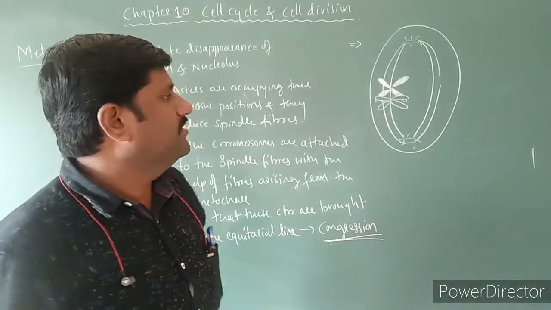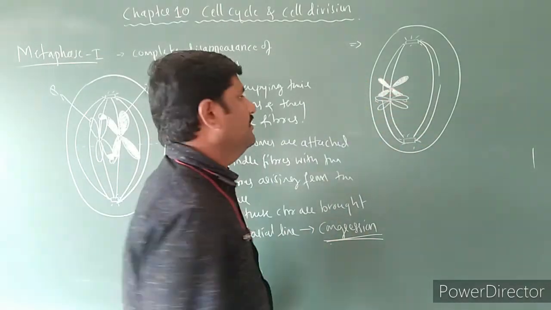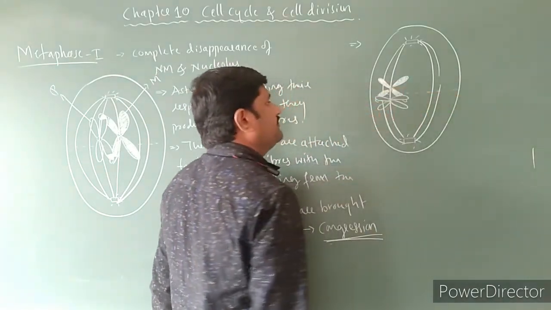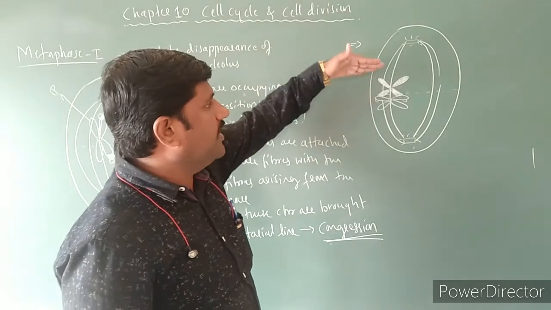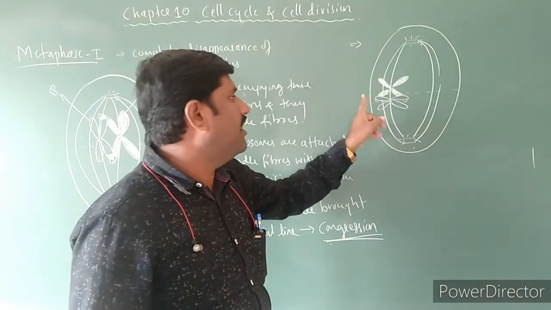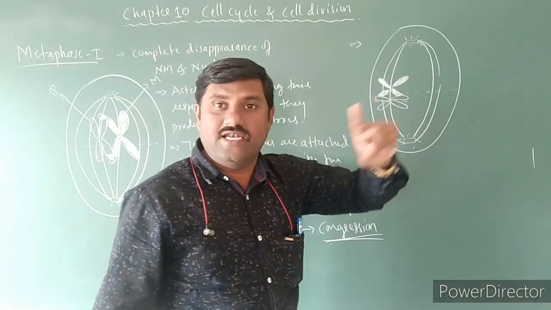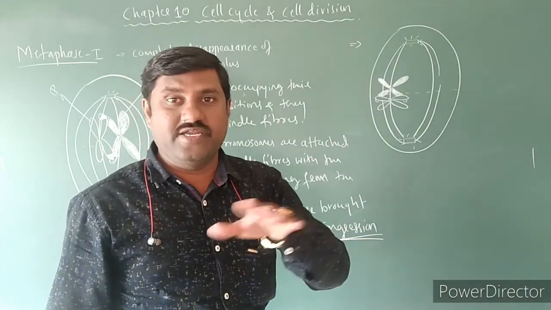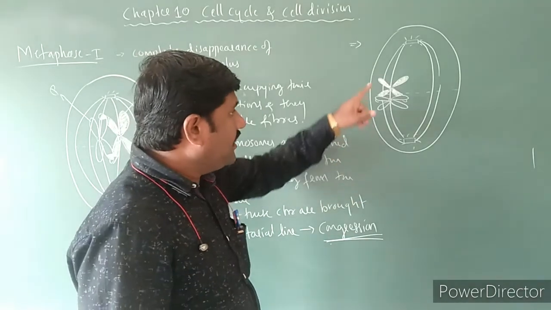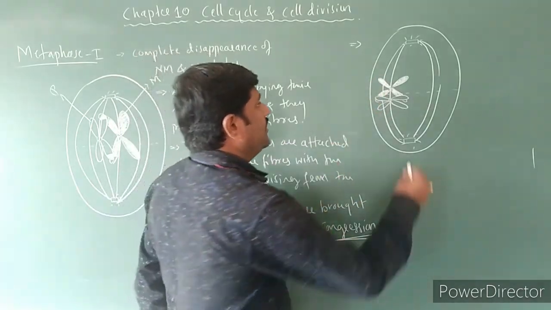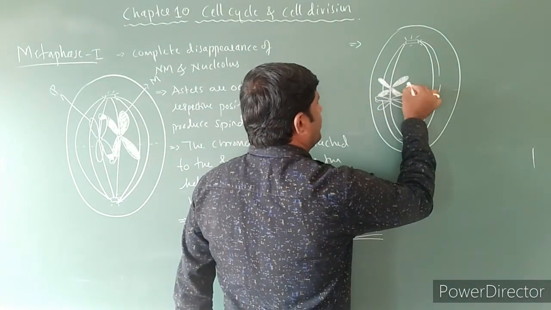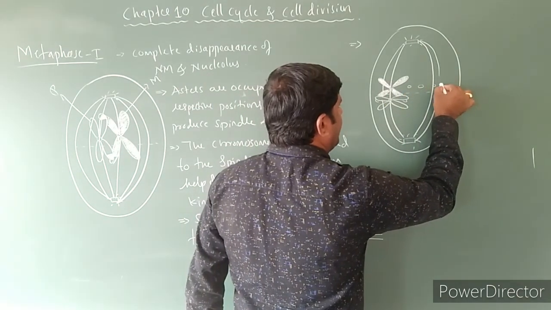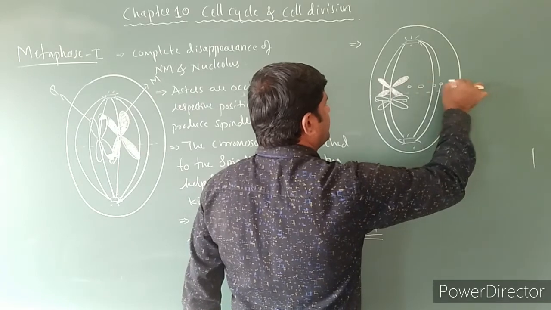Is it very clear? So just like this, the chromosomes are brought to the equatorial line, and they form the equatorial plate. Already I have mentioned it in the previous mitotic cell division. See here, this is the centromere of one chromosome, this is the centromere of another one, another one, another one. Like this, all these chromosomes are lying.